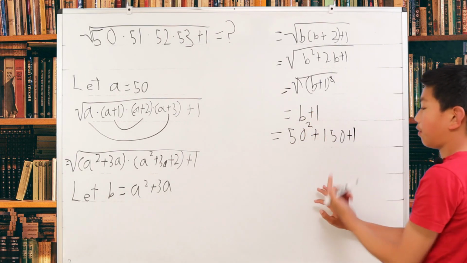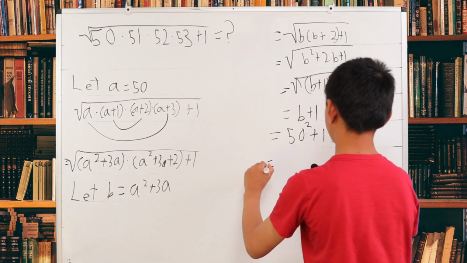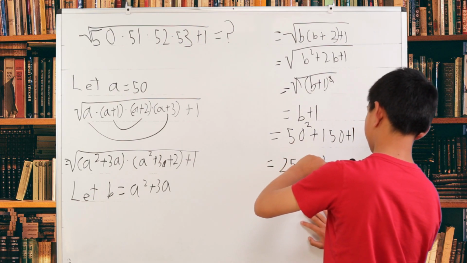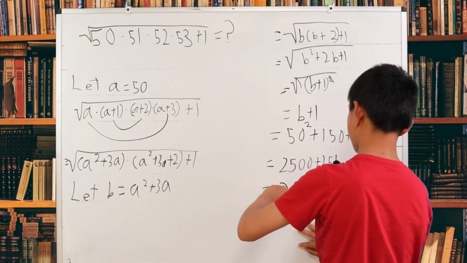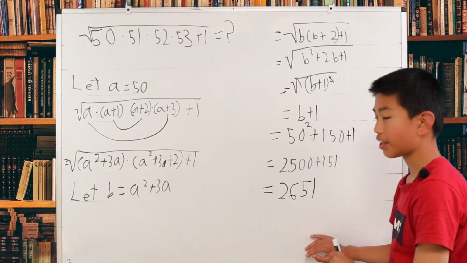And this is from the B when we let B over here. So now this is equal to 2,500 plus 151. And our final answer is going to be 2,651. That is our answer.